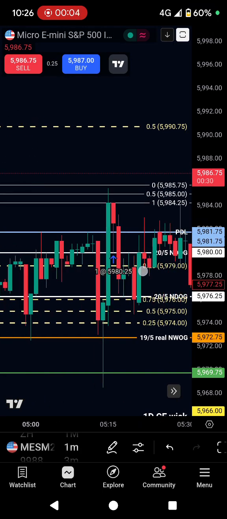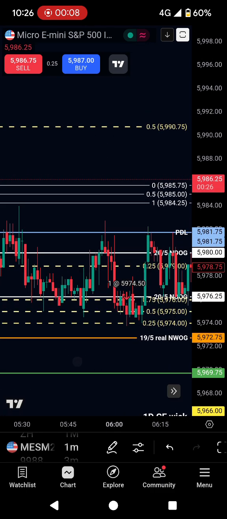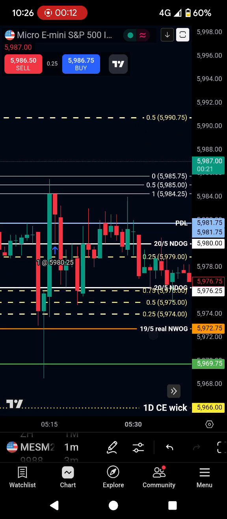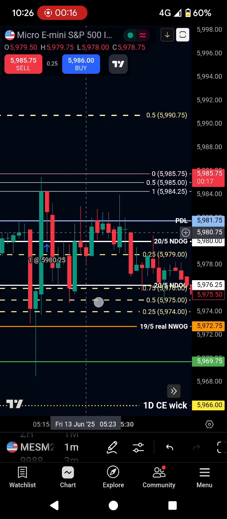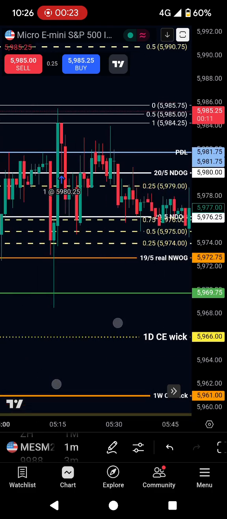Okay, so guys, just now as you can see the long trade that I took here, and wow, took pretty long to stop me out, huh? But 5980, let's see where's the highest it went. The highest it went was 5984, so it literally offered me like 4 handles.